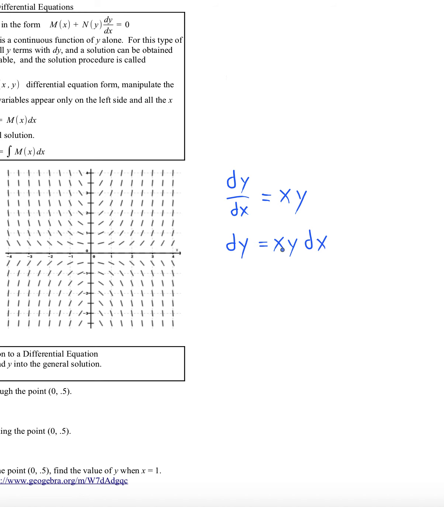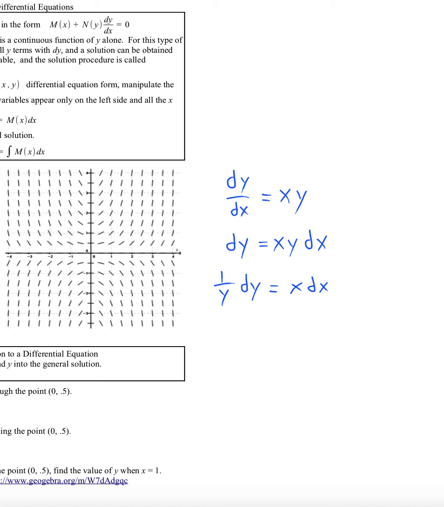And now I got to get the y away from the x's. So I'll actually divide both sides by y. Now we've truly separated the x and y variables, each having their own side.